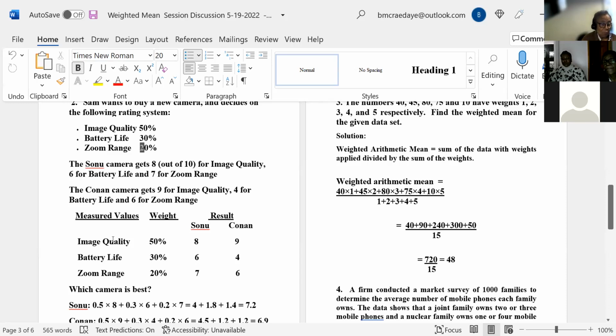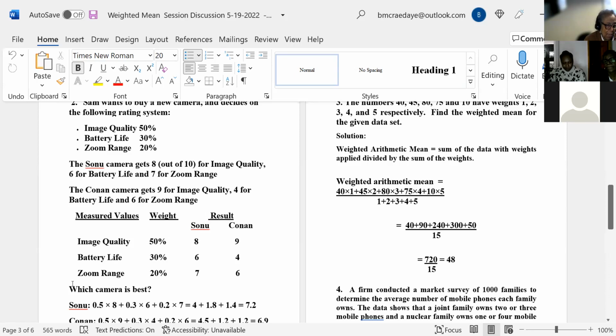Now, to find which camera is best, you multiply the percent as a decimal times the result. So 50% of 8 is 0.5 times 8. That's the image quality. For the battery, looking at this Sony camera, that's 0.3 times 6.